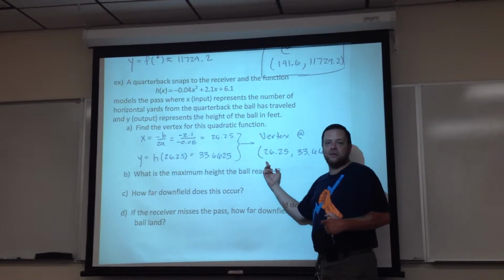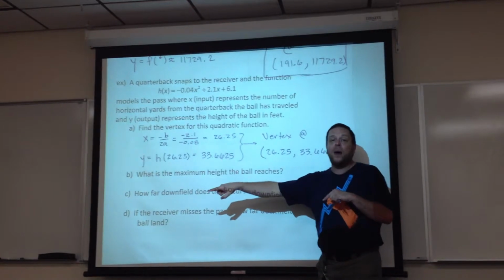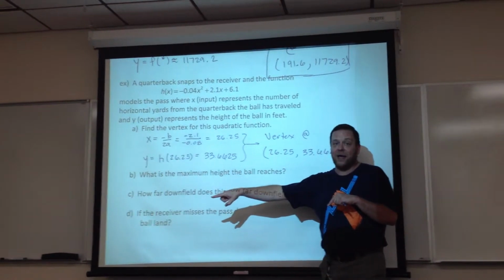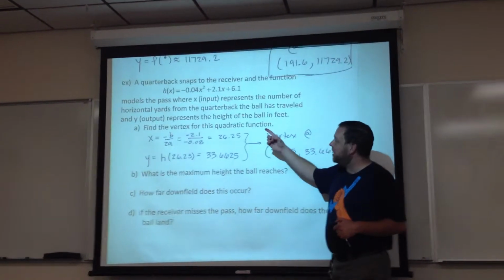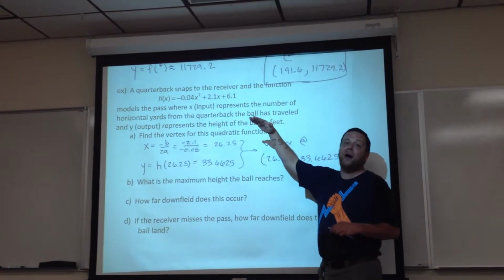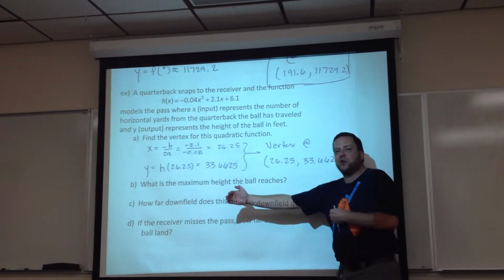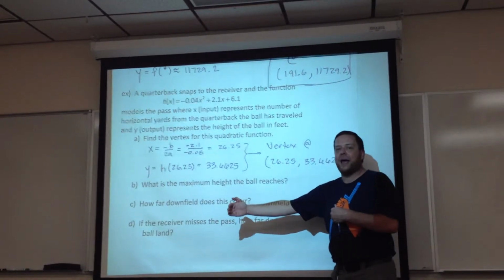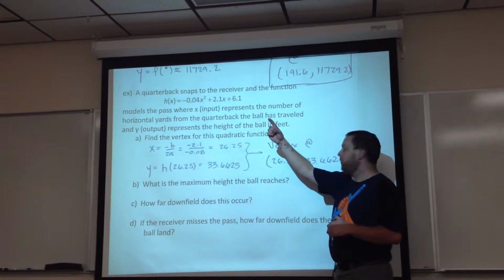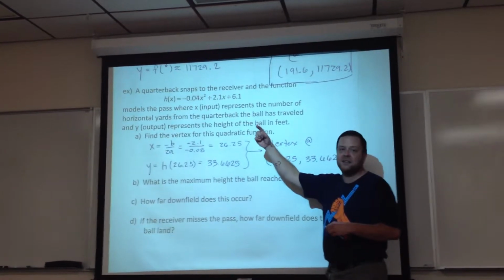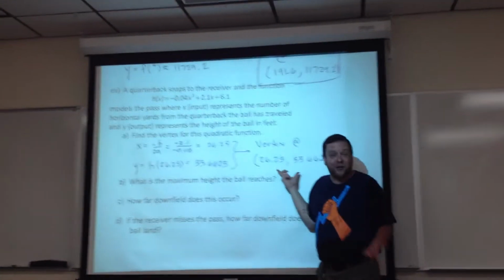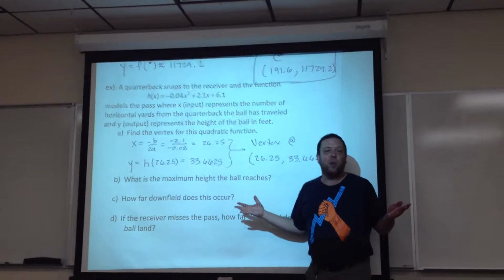That x coordinate, 26.25, is just how far away the ball was when it reached the maximum height. The y values of output represent how many feet above the ground the ball is at that point. So when this ball is 26.25 yards away from the quarterback, it has reached a height of 33.6625 feet. And keep in mind, since that's the vertex, that's the highest point.